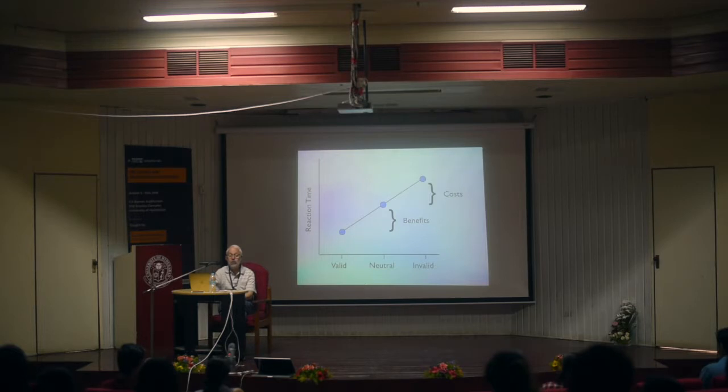Of course, the cost is how much worse are you in the invalid condition than in the neutral condition. And the benefit is how much better are you in the valid condition than in the neutral condition. But because neutral conditions aren't always trustworthy, some people just talk about the cueing effect, which would be invalid minus valid.